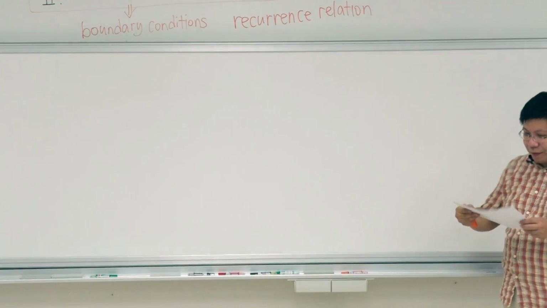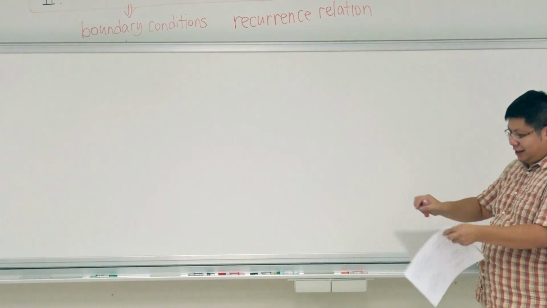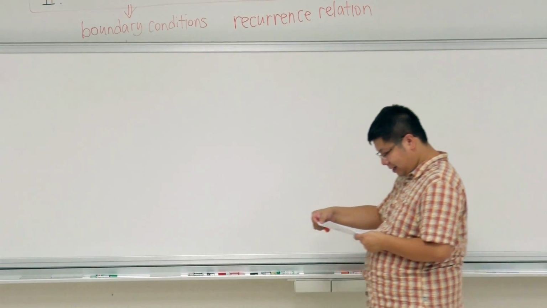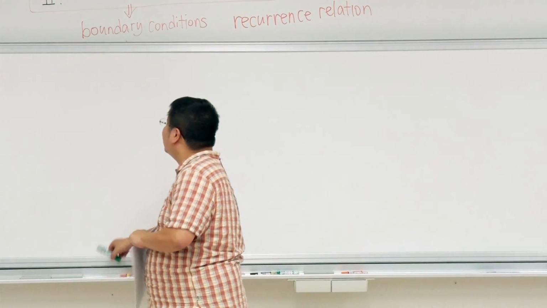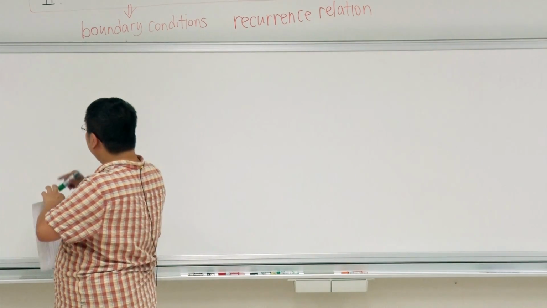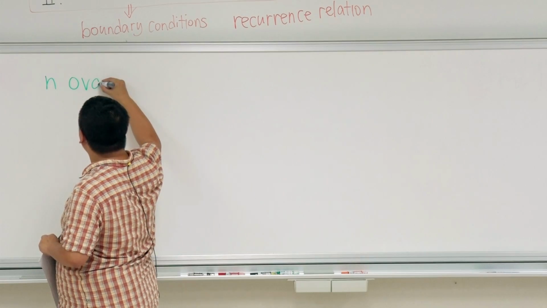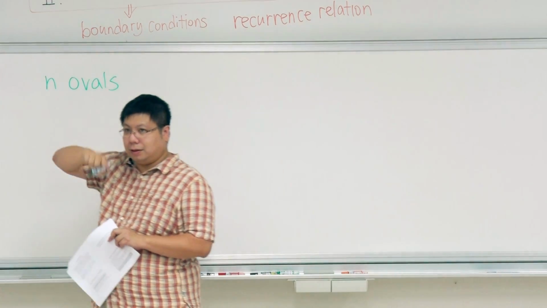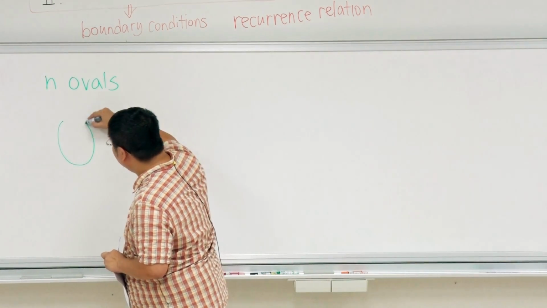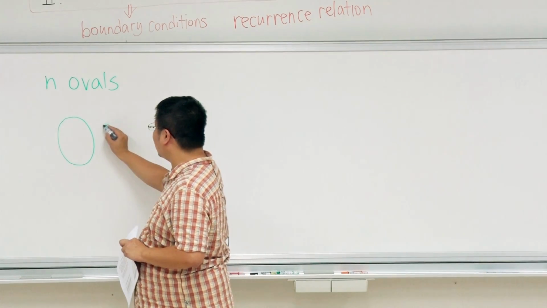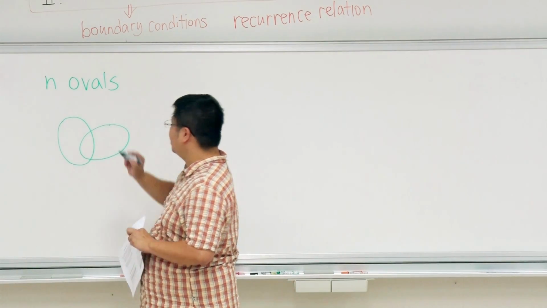So let's start with an example. Let's suppose that we have n ovals, like this. This is the case where we have 2 ovals.